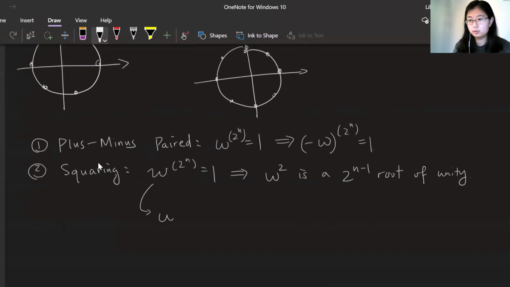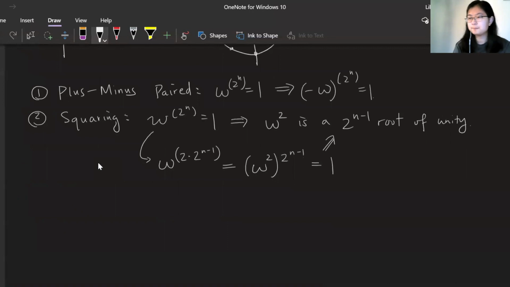We can write omega to the 2 times 2 to the n minus 1, which is just taking out a 2 from this expression here. We can rearrange this to say this is omega squared to the 2 to the n minus 1 power, and this is equal to 1. So what this means is that omega squared as a number to the n minus 1 power is 1. So omega squared is in fact a 2 to the n minus 1 root of unity.